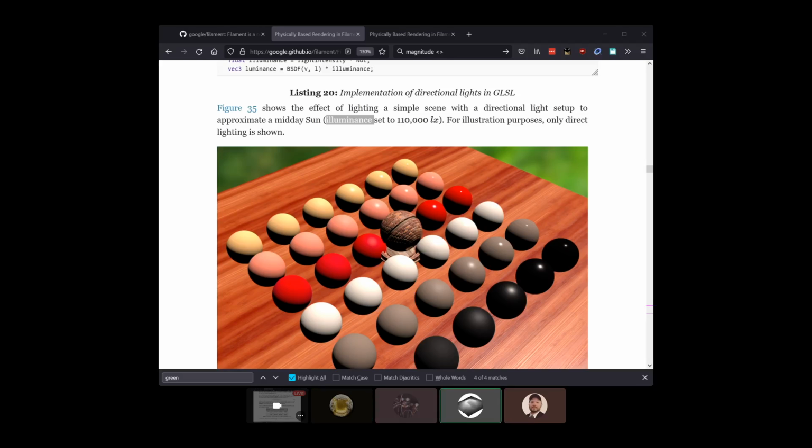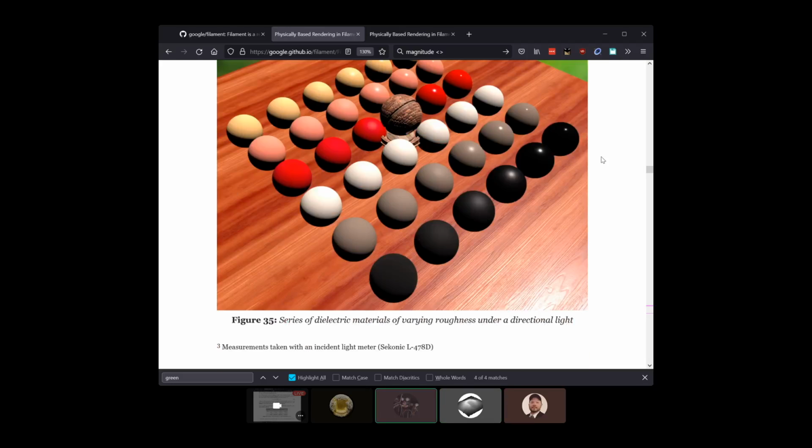That's why IBL helps a lot, and any cheap ambient lighting like that, because you don't need true indirect lighting to make it look believable. You just need some approximation, yeah.